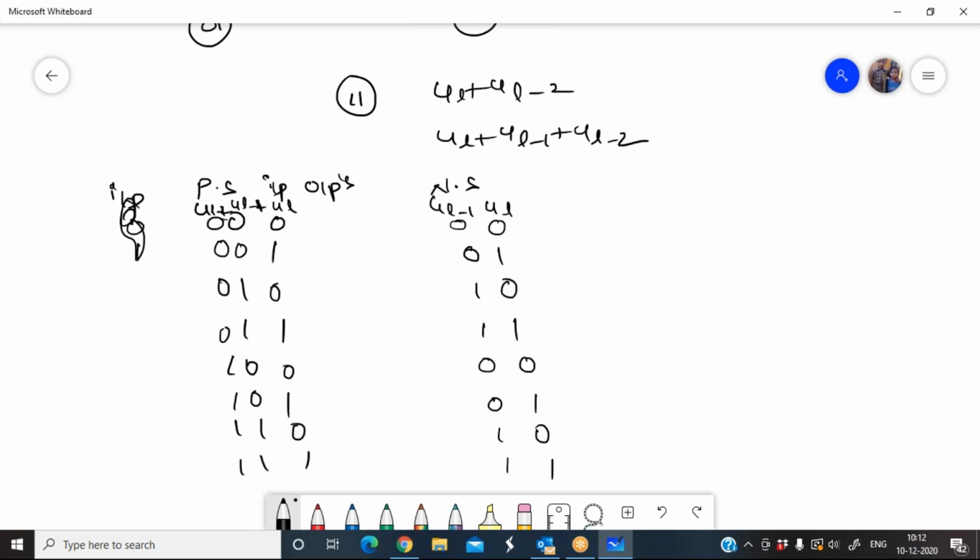UL plus UL minus 2. 0 XOR 0 is 0 0. 0 1 1 0 1 and 1 0 and 1 1, I think. 0 0, 1 0, 0 1, right?